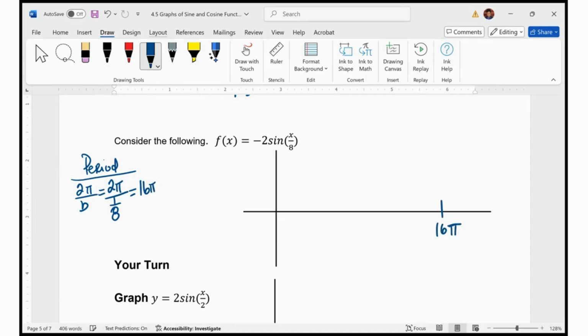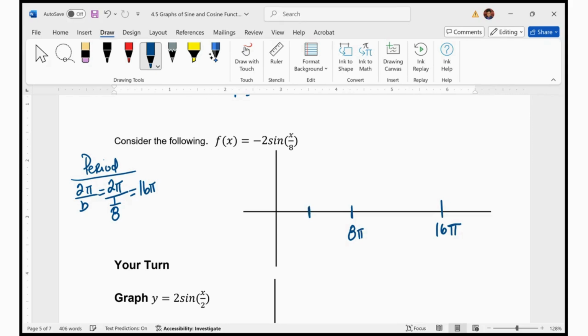Now we have that. We end up with what? 8 pi. And then we have that. We end up with what? 4 pi.